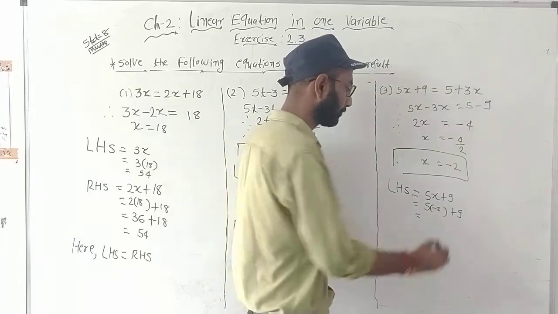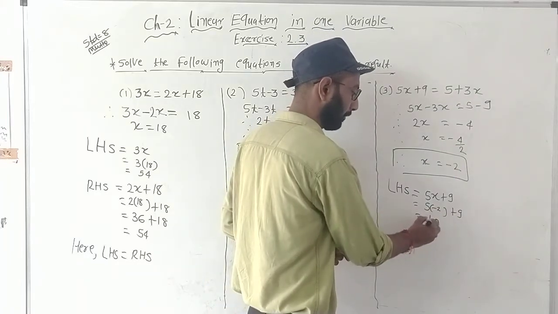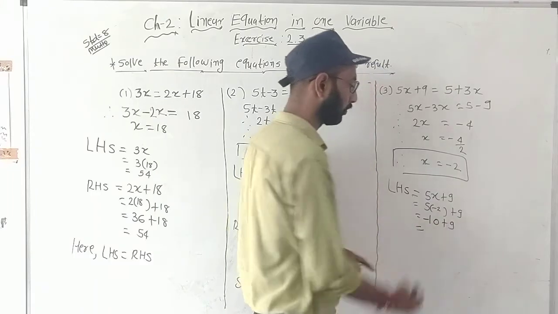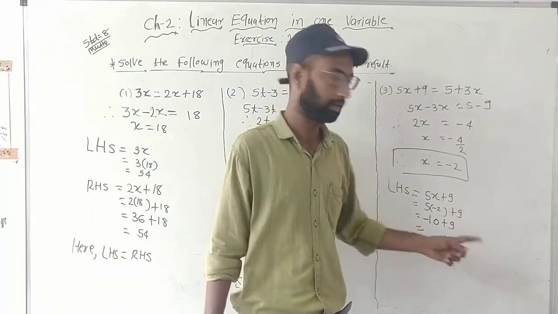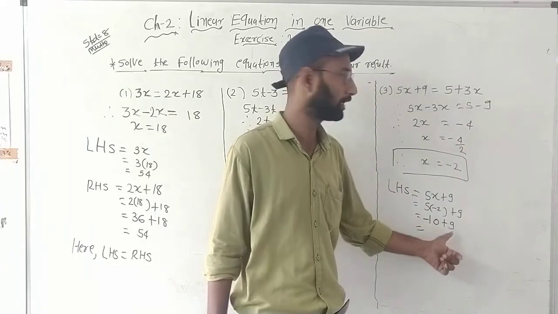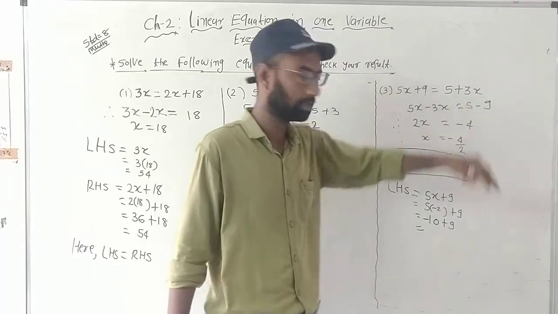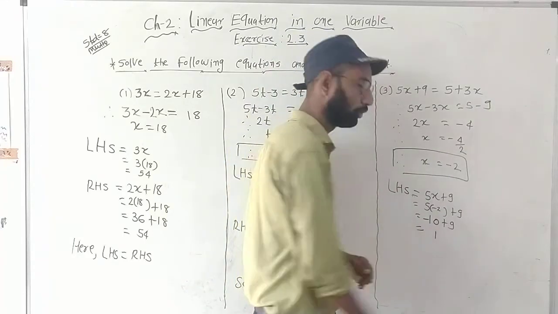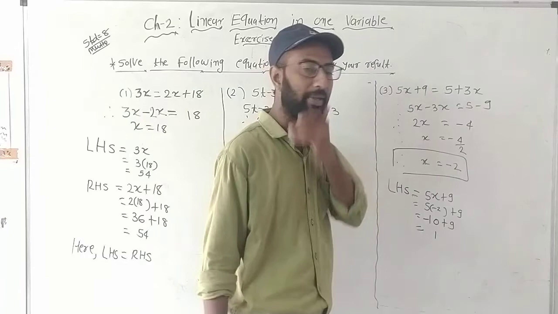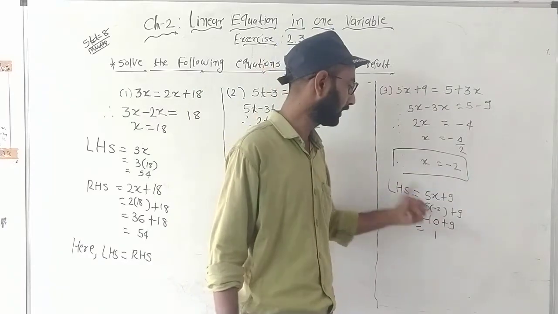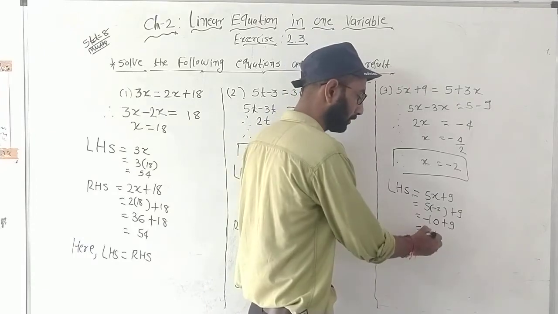So 5 2s are 10, minus 10 plus 9. So what will be -10 plus 9? Same case, one sign is minus, one sign is plus, so you will do the subtraction. 10 minus 9 is 1, and you need to put the sign of the biggest number. Now 10 is bigger than 9, so the sign of 10 is minus, so I will put the sign of minus.